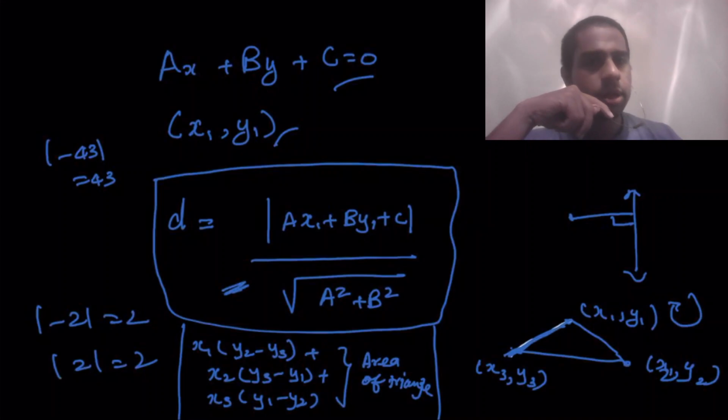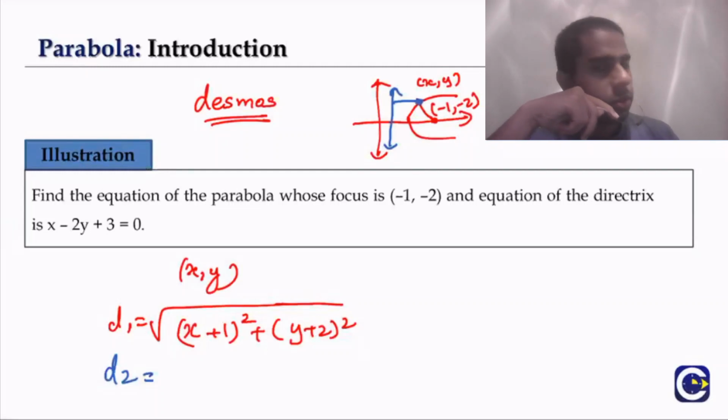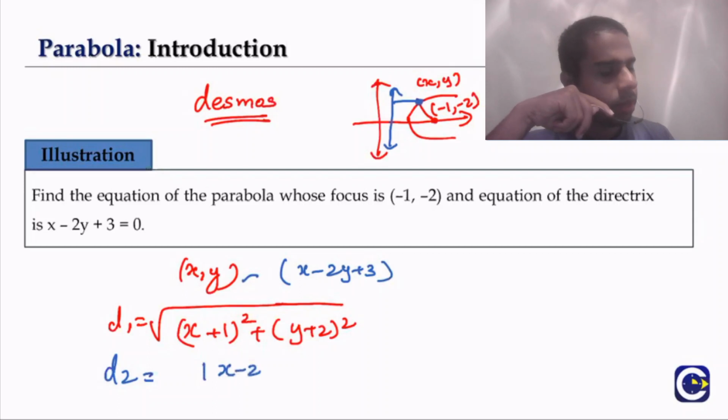Now we'll go back to the problem for the parabola. So the d2, the distance between the point x comma y and the line x minus 2y plus 3, is given by x minus 2y plus 3. You are substituting the point x comma y in the equation.